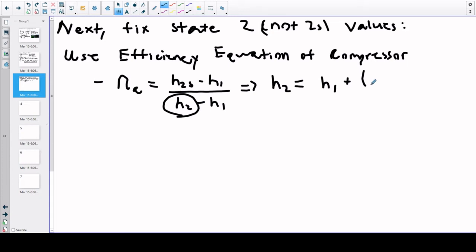Always have to think about it, because they switch addition and subtraction between compressors and turbines, and the location of the efficiency changes from divided to multiplied. So, always got to think a second. And so we find from this equation H2 to be equal to 292.76.